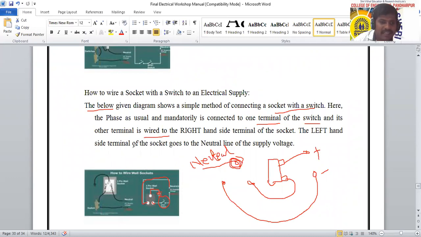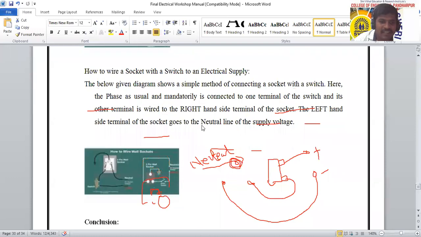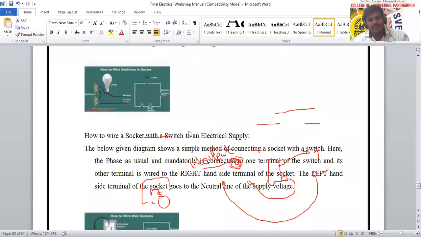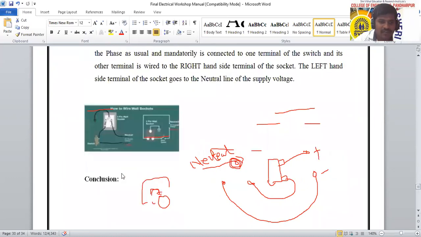And the left hand side terminal of the socket goes to the neutral line of the supply. Okay, so this terminal it will goes to the neutral line of the supply voltage. So this is the simple connection, that is how to connect the socket to that of supply via a switch. Okay, so this is the simple connection for that.